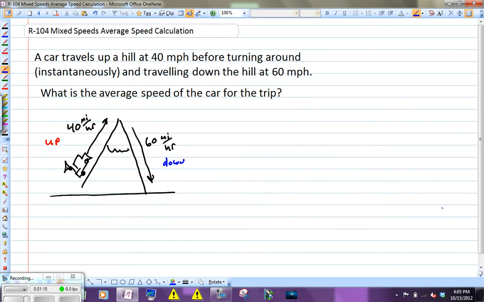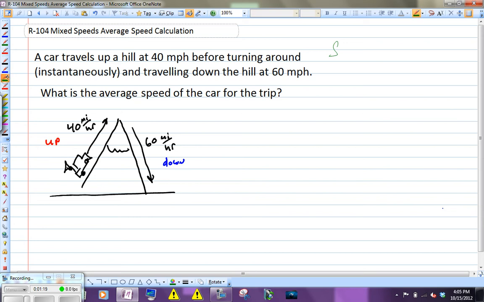The definition of speed is simply distance divided by time. Now, that's true whether you're talking about the overall distance or whether you're talking about the distance for just part of the trip. So we're going to be talking about the average speed for the whole trip, the total. So that's going to involve the total distance divided by the total time.